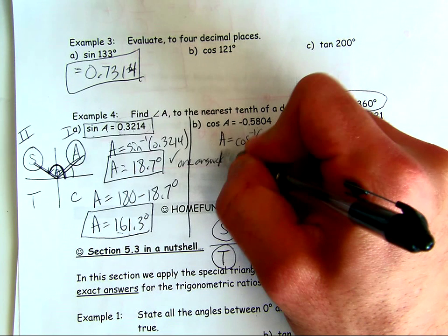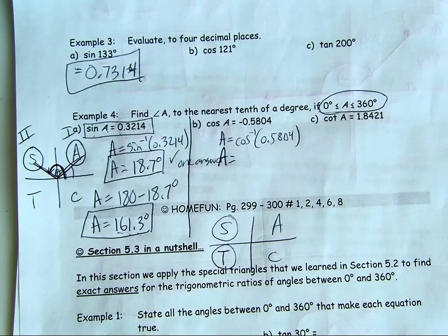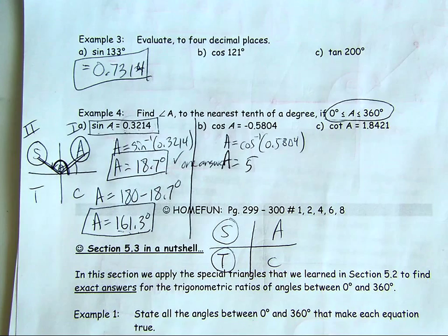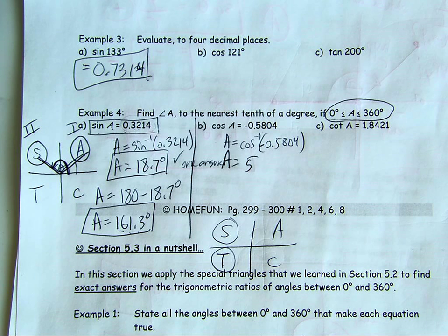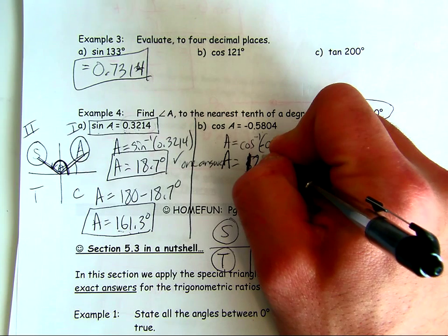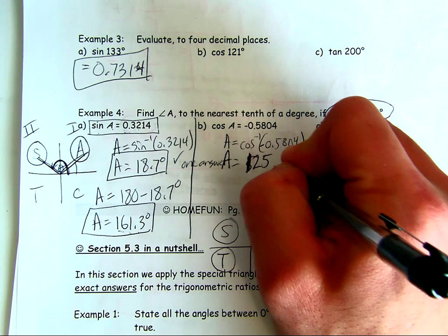0.5804, if I do that, and again I have a calculator number 2, so I'm going to be doing 0.5804, and I do cos inverse. Negative. So I have cos of 0.5804, and if I take the cos inverse, I'm going to get 125.5.